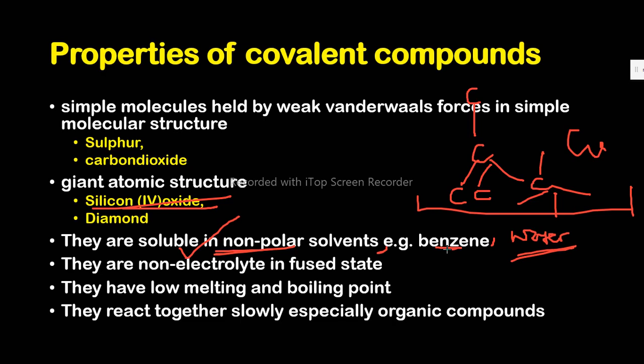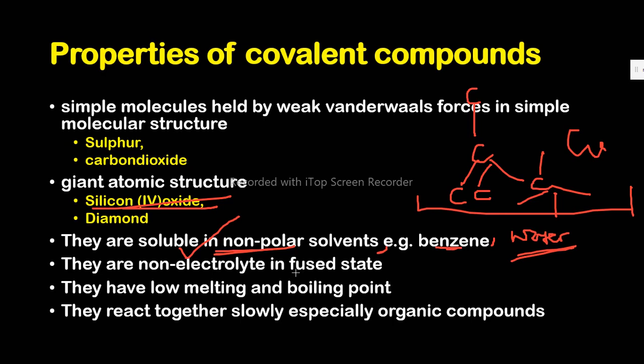For you to dissolve a polar compound, you must be polar, so that you are able to break the bonds in that compound and form new bonds for the compound to dissolve. Okay? If the new bonds can't be formed, then there is nothing.